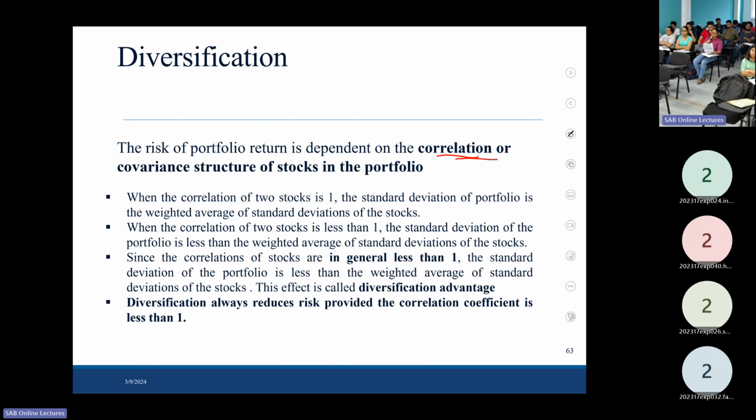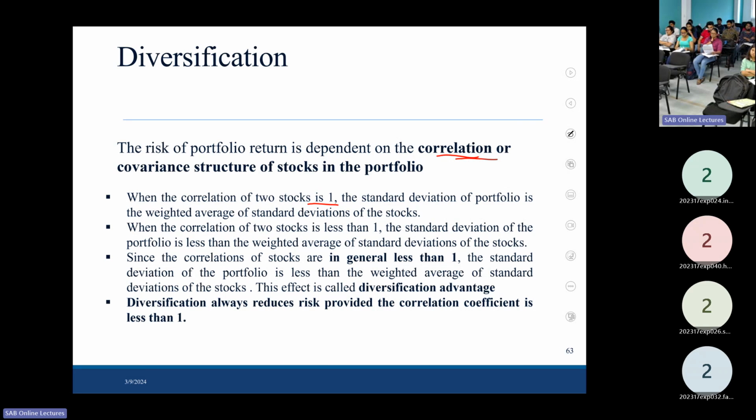When the correlation of two stocks is equal to 1, correlation coefficient of the two stocks' returns is equal to 1, perfectly positive.